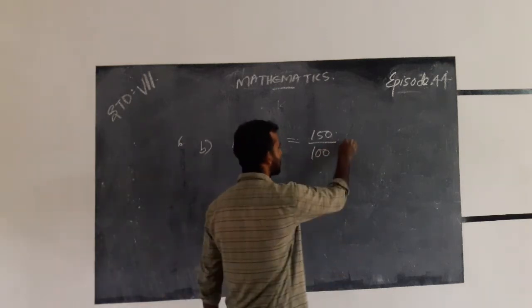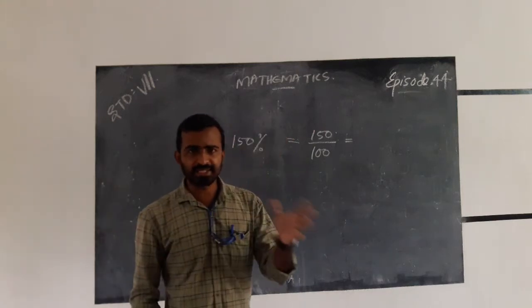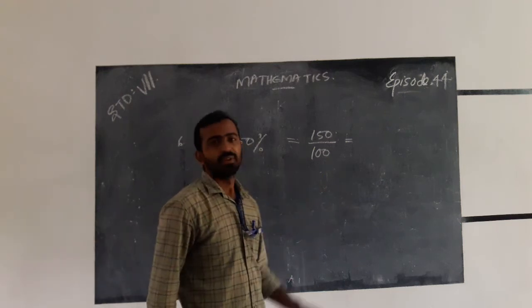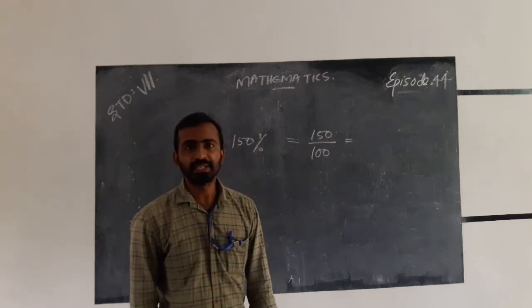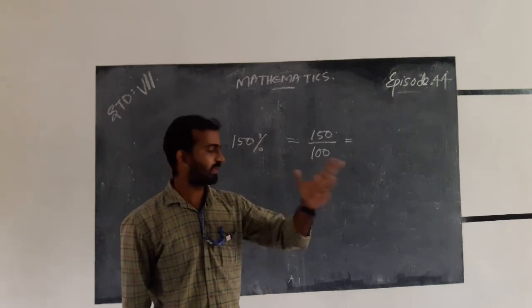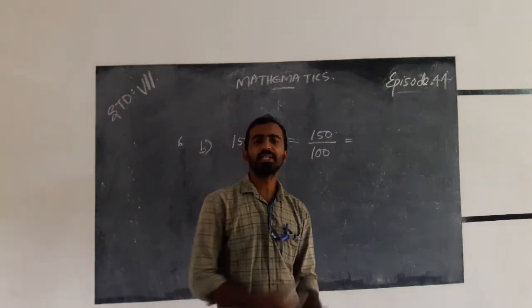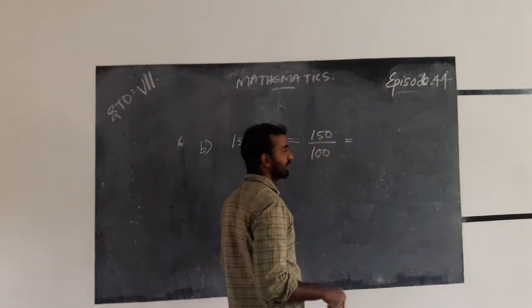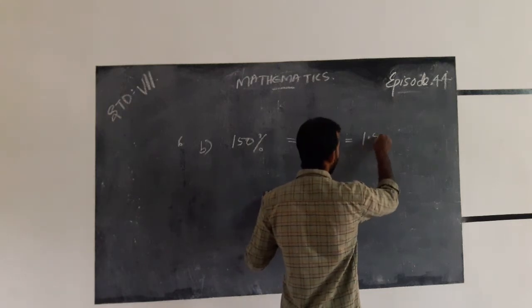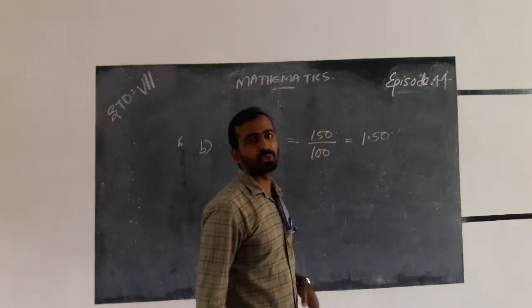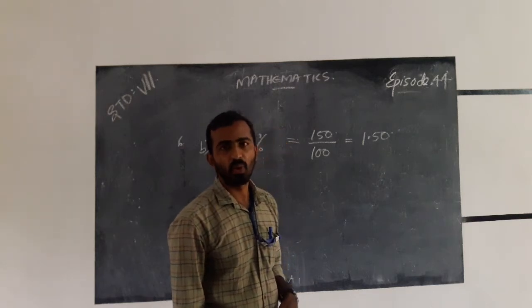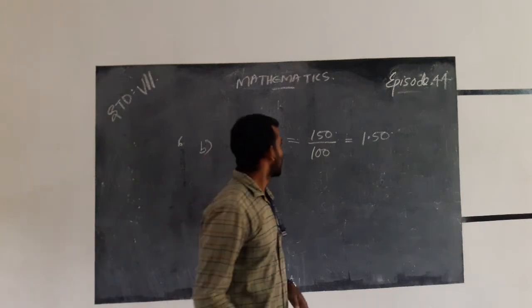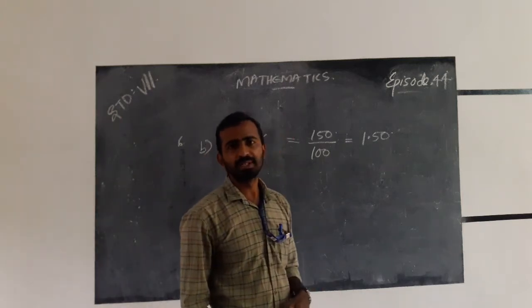For the decimal form, in the second chapter we already studied division by 10 and division by 100. Here 150 by 100, we can write as 1.50.